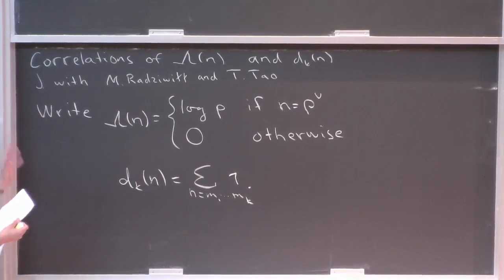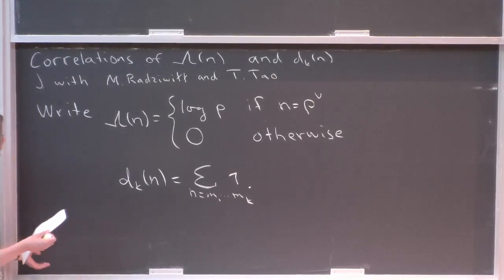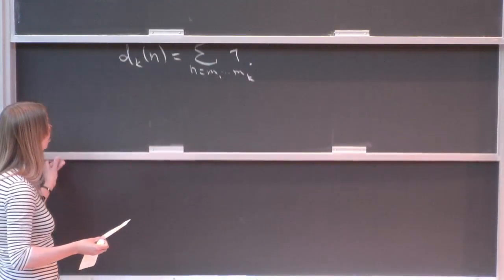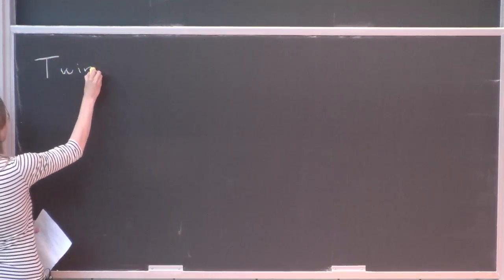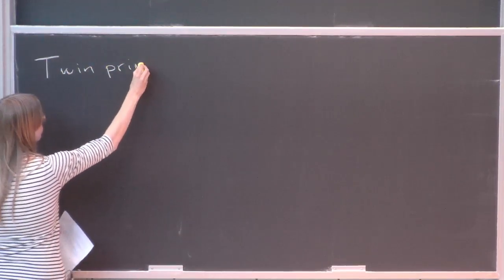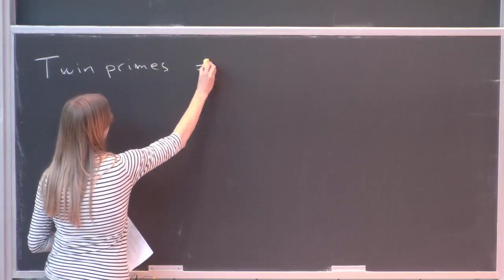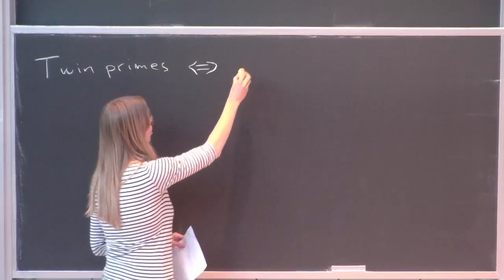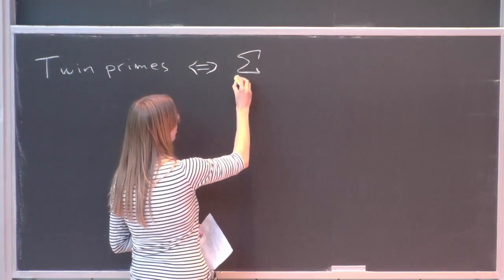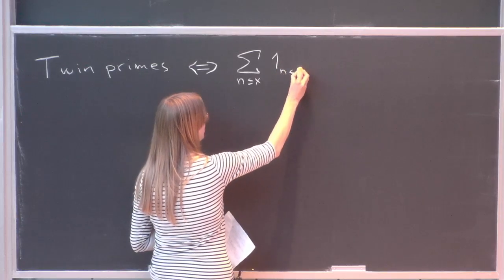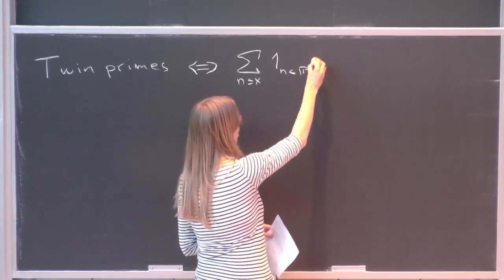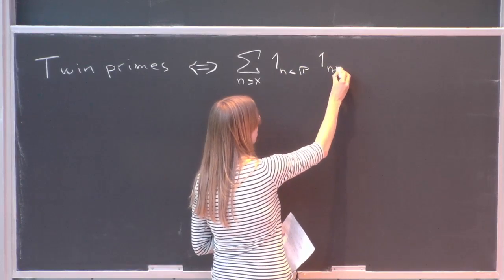Then I will talk about correlations of these, but let me start with the twin primes. If we want to study twin primes, this is the same thing as looking at the sum over n up to x of the indicator function that n is a prime, times the indicator function that n plus 2 is a prime.